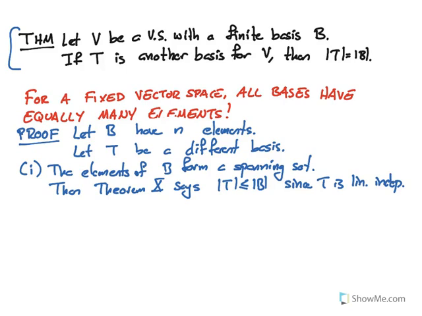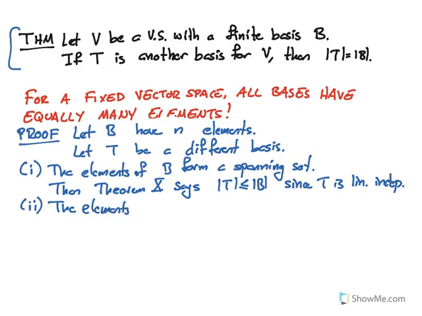Because the theorem said that if you have a spanning set with n elements, then any set that has more than n elements is necessarily linearly dependent. And we know that T is not linearly dependent, so you must have fewer elements. And then for the other direction, you of course just work backwards. So you flip the roles of B and T.